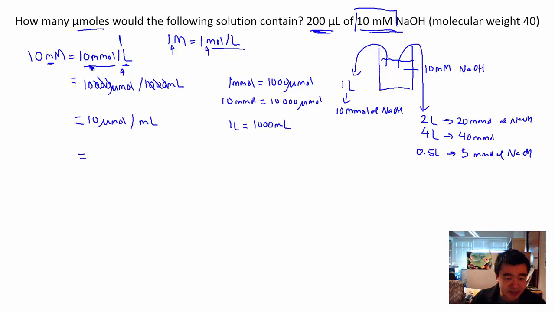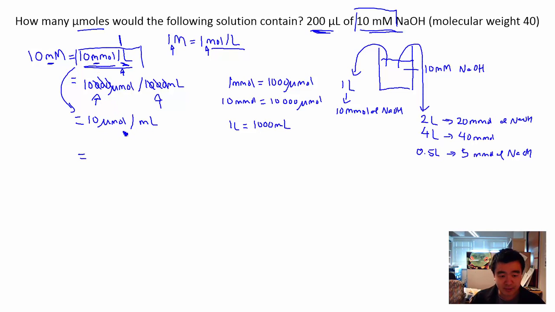So we can really just convert straight from 10 millimoles per liter down to 10 micromoles per milliliter. To do that, we bring the 2 prefixes down 1 level each. If you're not comfortable doing that, you can still do it via the 1,000 conversion and keep cancelling the zeros out. But if you are comfortable jumping, that's perfectly fine as well.